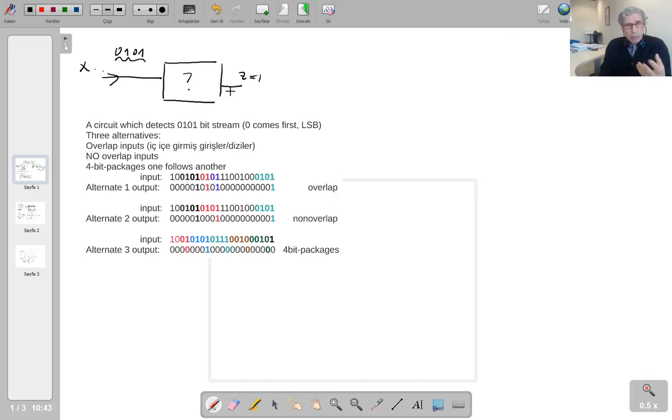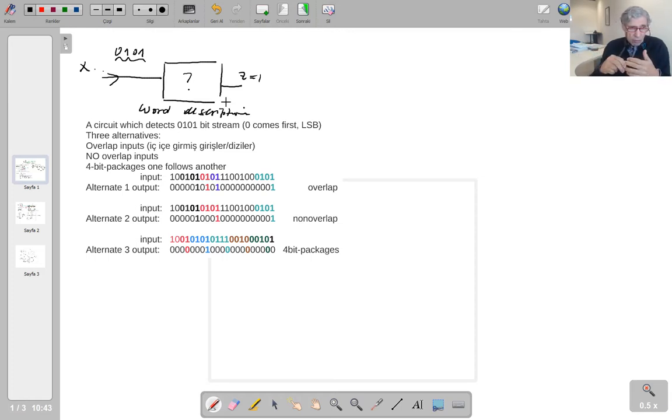So that's what we said here is called word description. The word description is important. Why is that? Because by considering the word description, we are going to draw a state diagram.